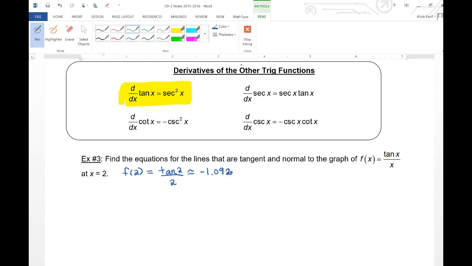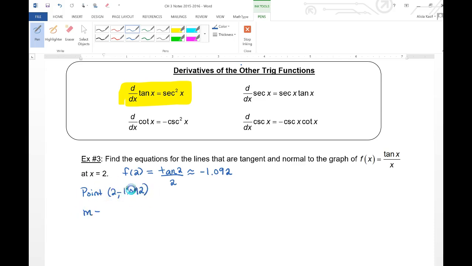Whenever we're using calculators, just make sure you always go to 3 places for calculus. So again, you can truncate, which means just take the 3 that you see, or you can round. Okay, so I have a point. The point is 2, comma, negative 1.092.